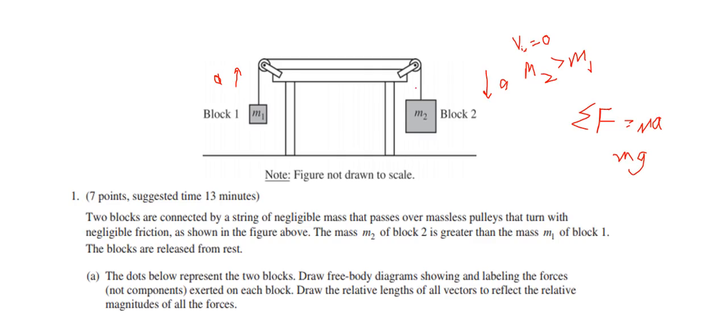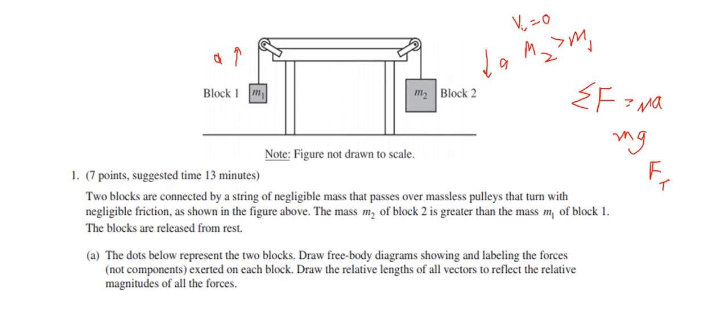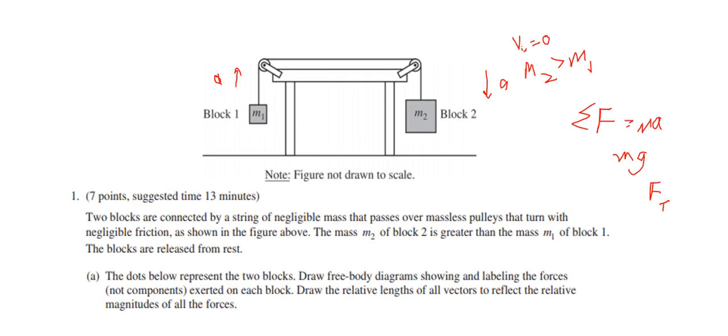And then there is a string, so you're going to have a force of tension somewhere in here. Again, I'm not writing these under A or anything. These are just my notes. I can always circle them and draw arrows to wherever they need to be if I decide to use them, but I don't have to. I'm keeping this over here as scratch work so the grader knows that I am not wanting them to grade this. This is just my thoughts.